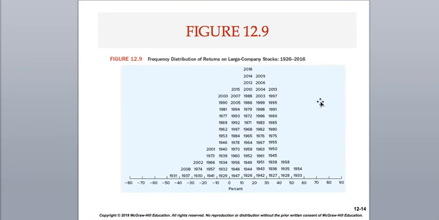And this is fun to look at. It's a frequency distribution of returns of just large company stocks from 1926 to 2016. And most of you have heard of the 2008 financial crisis. So if you look over here, you'll see 2008. And you'll notice that the returns are largely negative. 1931, during the Great Depression, you will notice very negative as well.